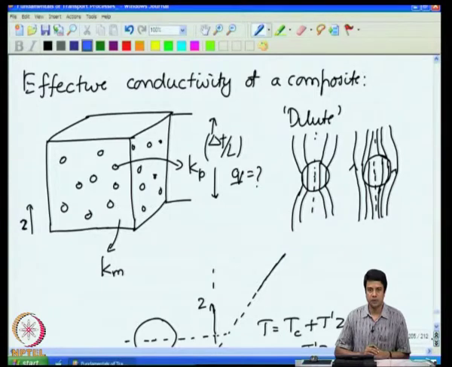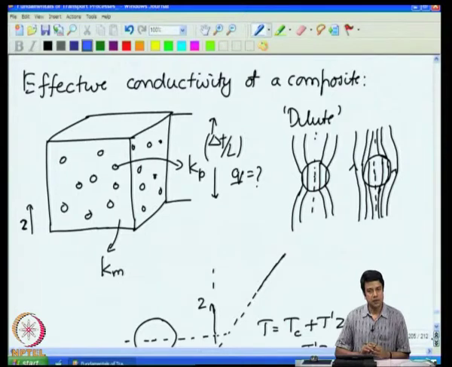The question we were asking was, what is the conductivity of the entire composite due to these spherical particles as well as the matrix? We used the dilute assumption: the spacing between particles is large compared to the diameter of a particle.